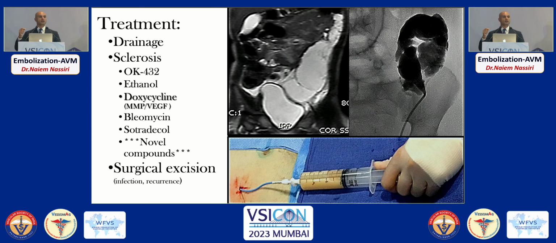Remember, this is not being used because of its antibiotic properties, but because of its anti-matrix metalloproteinase and anti-vascular endothelial growth factor properties. Surgical excision, by and large, I tend to reserve or recommend as an adjunctive modality to remove any residual scar tissue or soft tissue structures that may be left in place.